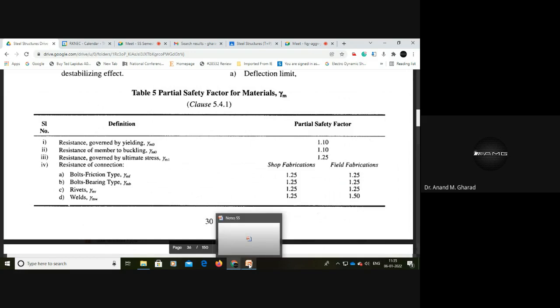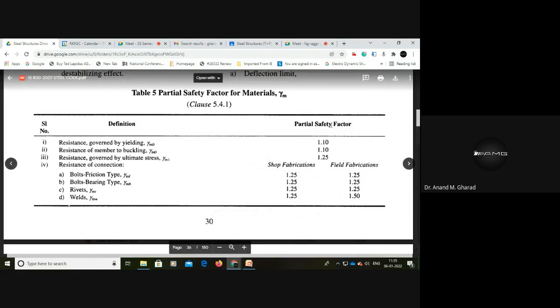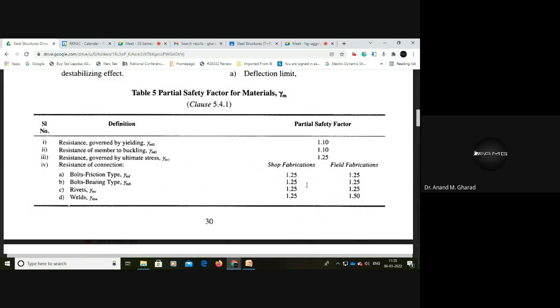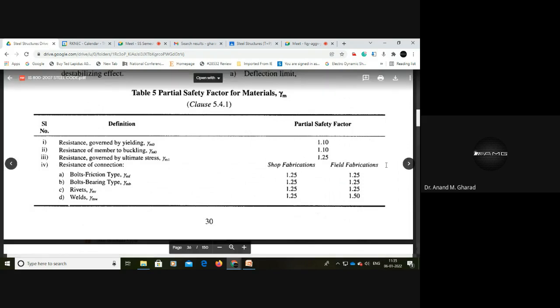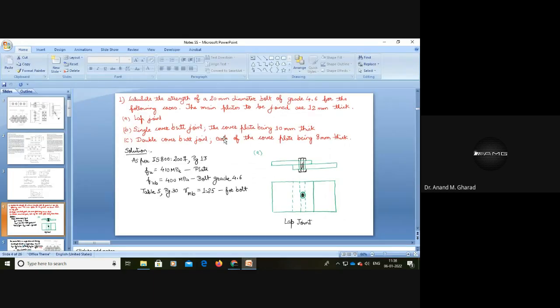Okay, and what is the partial safety factor value? So there are two conditions. One is for shop fabrication, another one is for field fabrication. Fortunately, both these values are same. In our numerical, nothing is mentioned whether it is shop fabricated or on field it is driven. So you can assume anything. Okay. So while assuming, you please mention.